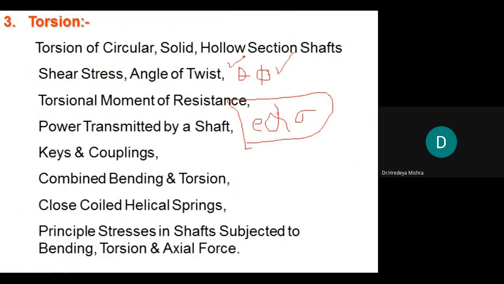Another thing is power transmission by a shaft. Okay, what do we mean by power transmission by a shaft? We can say P, the power, equals 2 pi N T divided by 60.